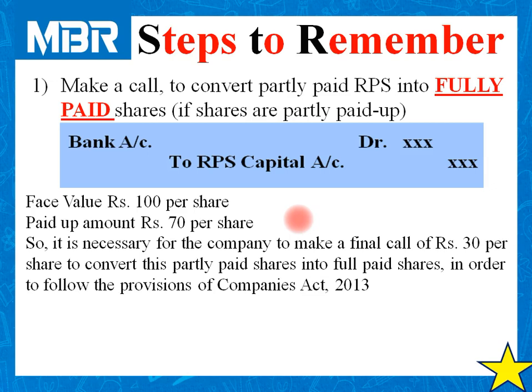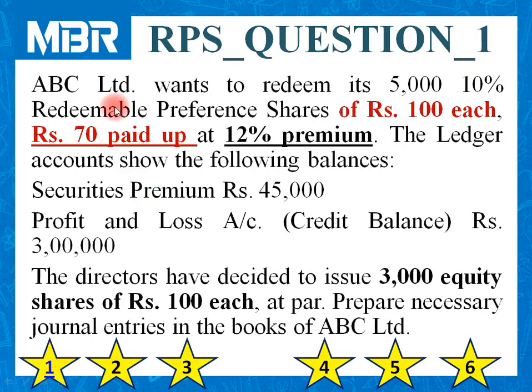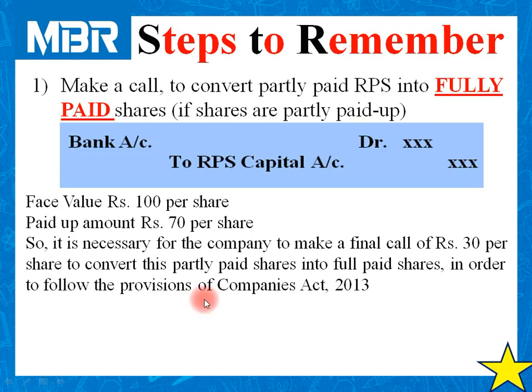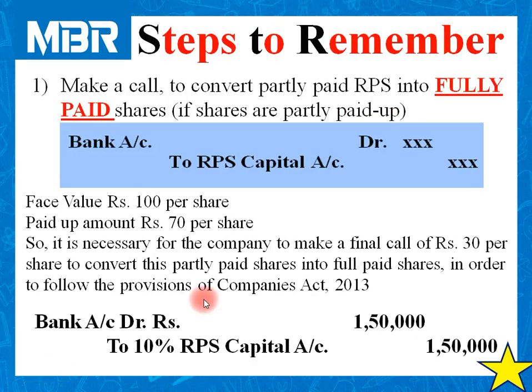It means we need to make a final call on these shares to convert them into fully paid shares. If you want to pass a journal entry for this transaction: Bank account debited, RPS capital account credited. This is the initial journal entry to receive the amount from shareholders on partly paid shares.